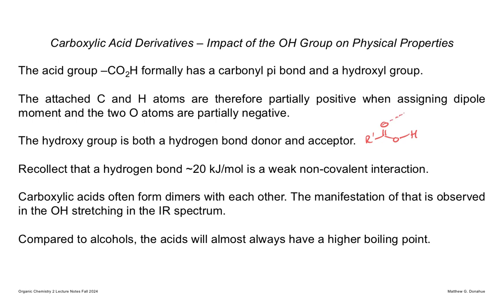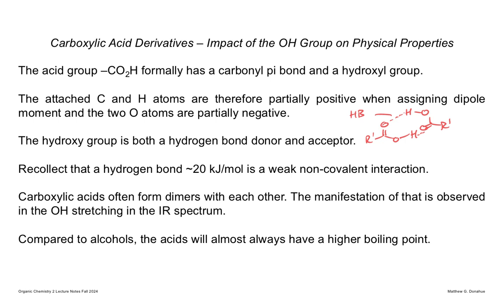So we would say that carbonyl is accepting that OH. It's going to look kind of weird, but draw that the other way. So there's a H bond, donor, acceptor, and then you have another one that's crudely drawn.